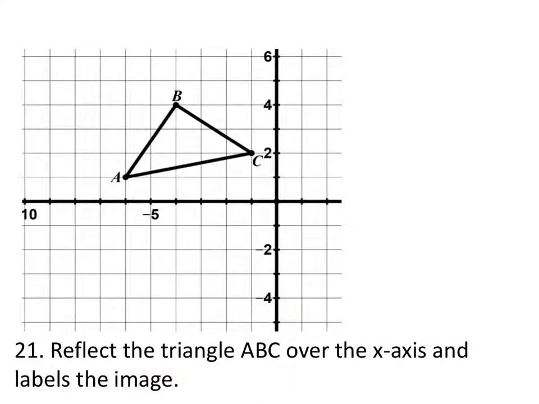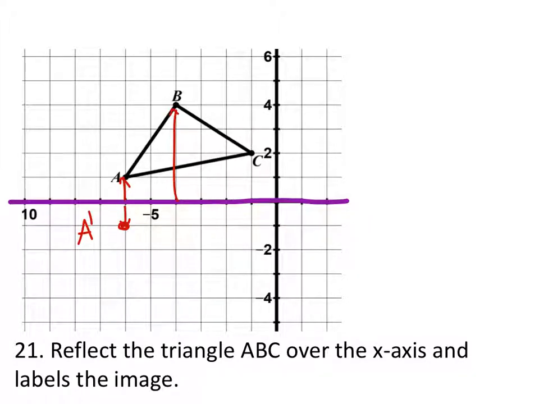This one requires an actual reflection over the x-axis, which is this line right up in here. So, to reflect this, hopefully remember that we have to figure out how far away it is from that reflection line, and then we just reflect it in the other direction the same distance. So if that's A, this point right here would be A prime.